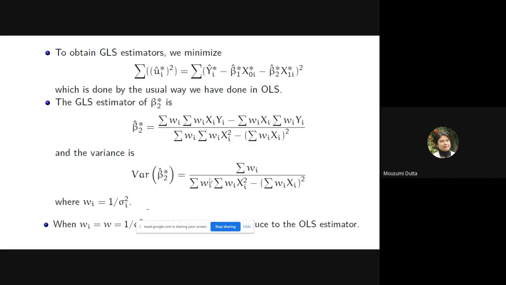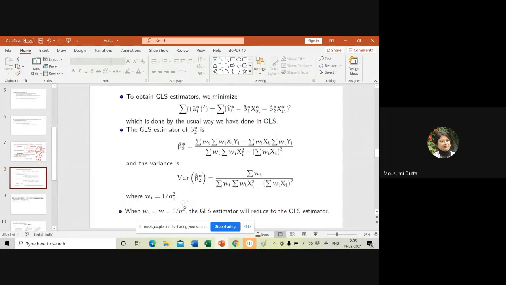Therefore, we are calling it the GLS estimators. However, the procedure of estimation is unchanged, and the value of the weight, everything is given. So this is homework number 1 and this is homework number 2. Find out beta 2 hat star and find out variance of beta 2 hat star.